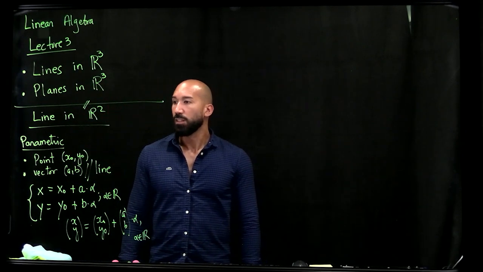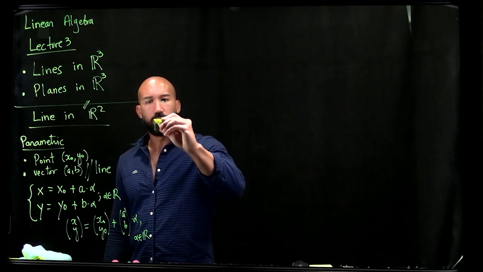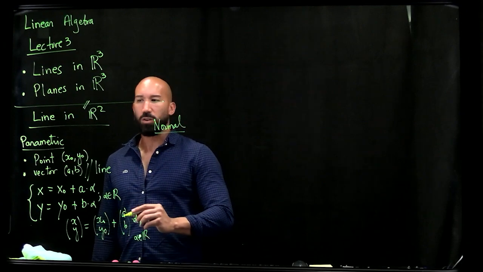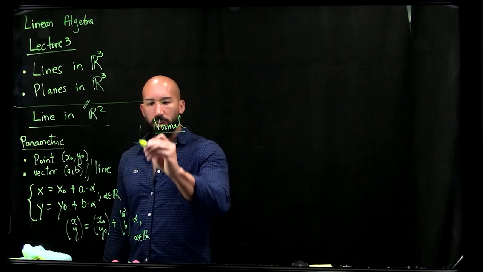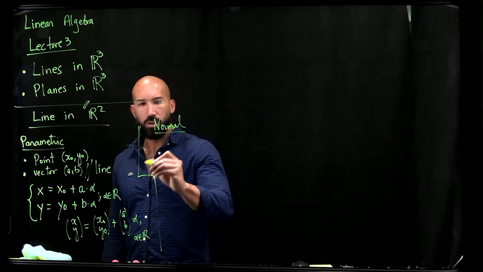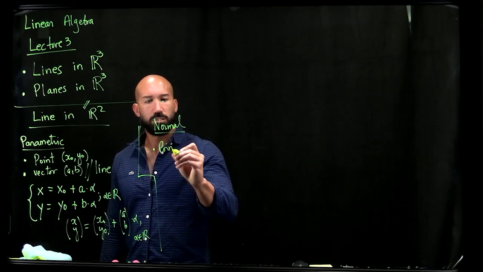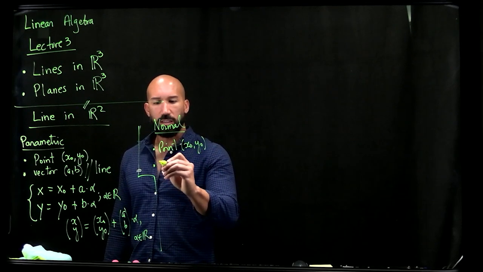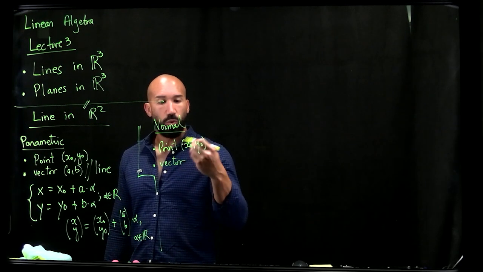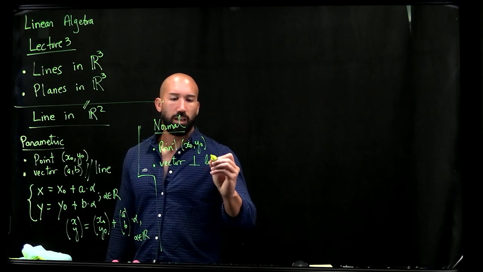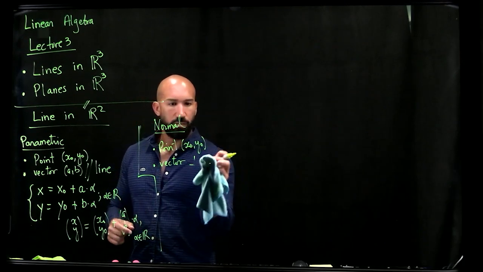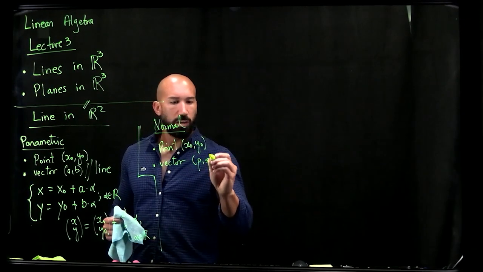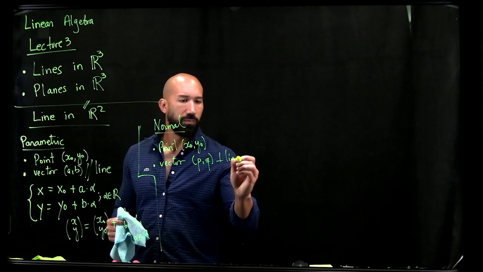All right? And also a normal equation. And for a normal equation, again, what we need is one point. I'm going to continue using x0, y0, and a vector, but now that is orthogonal to the line. Let me use here a vector (p, q) orthogonal to the line.